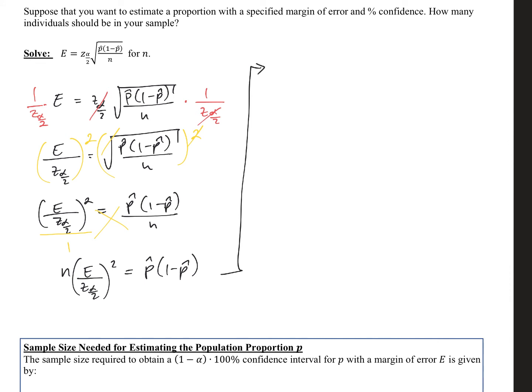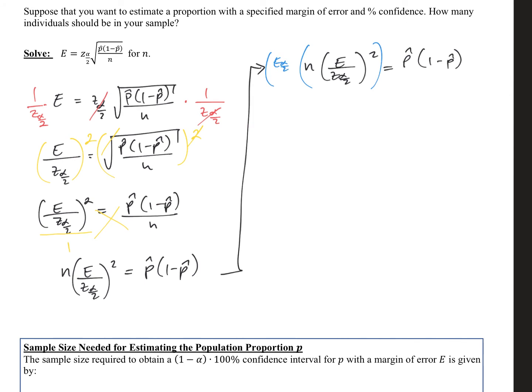To do that, we're going to need to divide both sides by e over z alpha over 2, or we could multiply by the reciprocal. I'm going to multiply by the reciprocal. There are a few ways to do this; this is just the one that came to my mind first.